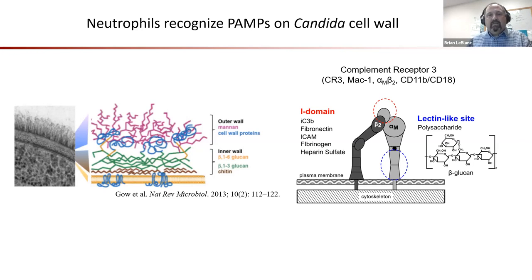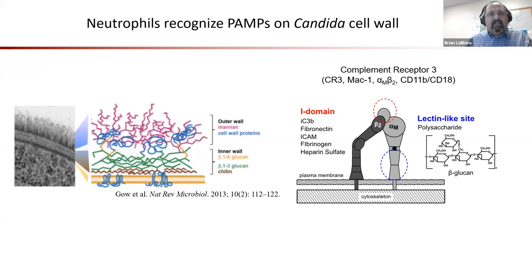It's a unique receptor in that it can bind to two specific ligands. It has an I domain that can bind to a lot of different things. It's very promiscuous, but in terms of this talk, its binding to extracellular matrices is of importance, specifically fibrinogen.